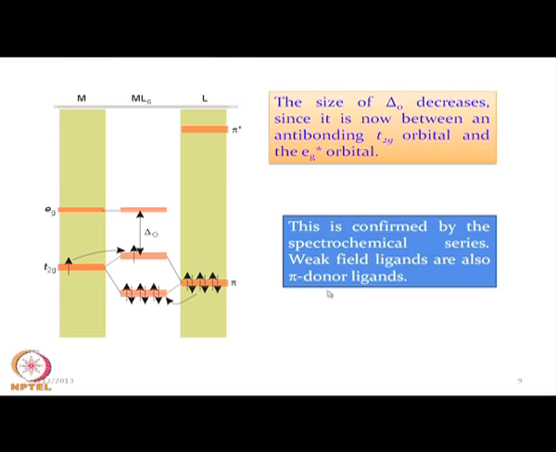It is true for pi acceptor ligands, that we will discuss in our next class, that these pi acceptor ligands will modify the corresponding splitting energy for these two levels, but the donor ligands can only reduce the splitting and will be on the left hand side of the spectrochemical series where they are considered as weak field ligands.